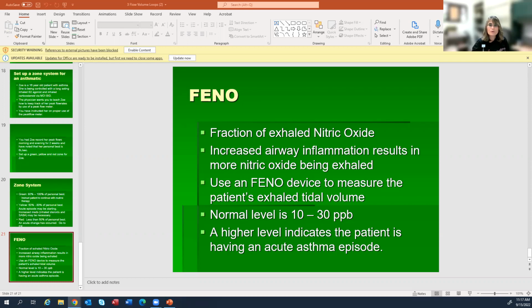And then for liters per minute, 450 liters per minute. If the units are liters per minute, it's 450. But if the units are liters per second, which it typically is on your PFT report, it's 8 liters per second to 12 liters per second.